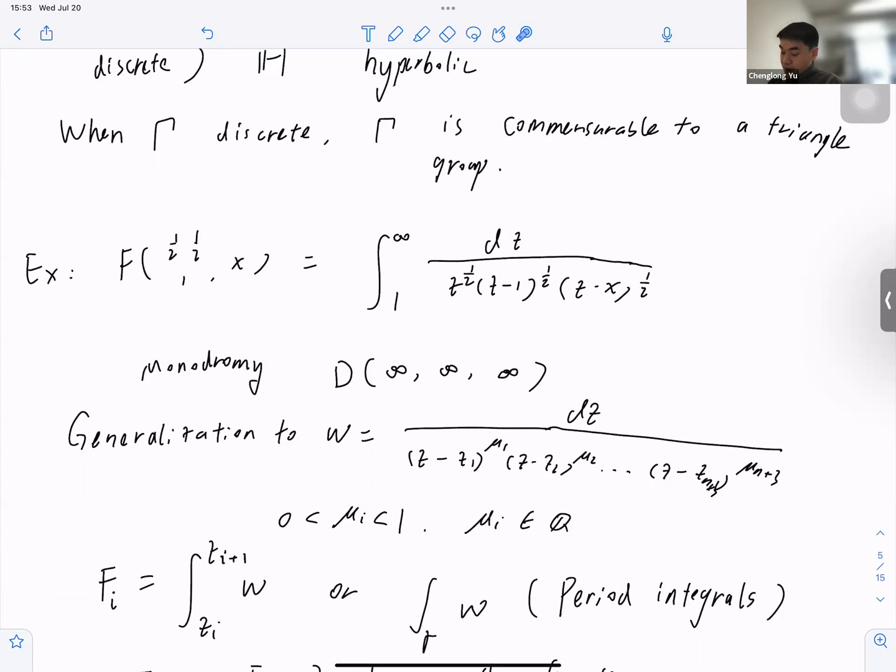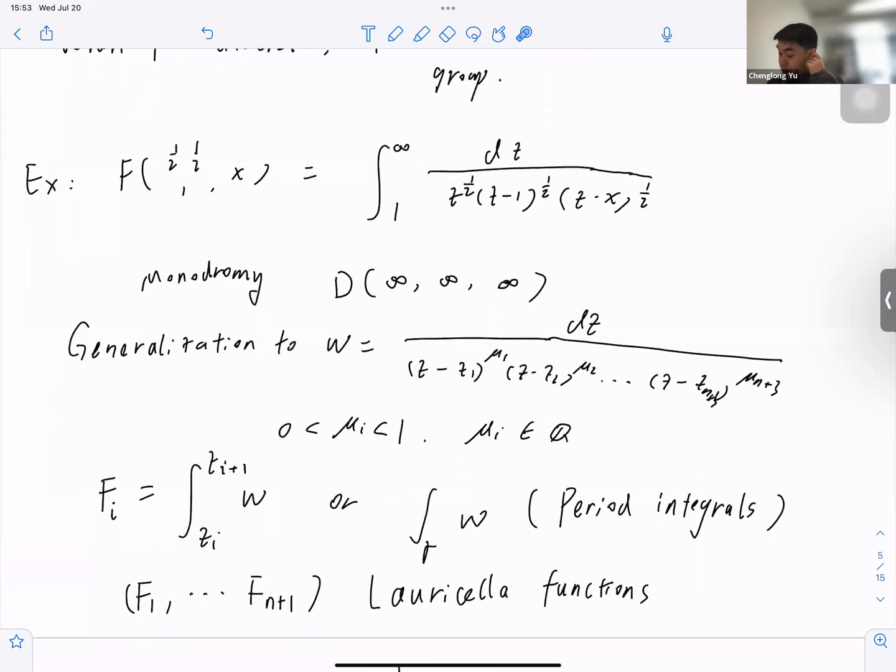So we can integrate this differential form on the complex plane from z_i to z_{i+1}, and it will form a multi-valued function with respect to the parameters z_1, z_2, up to z_{n+3}. So this is a multi-valued function of the poles z_1 up to z_{n+3}.